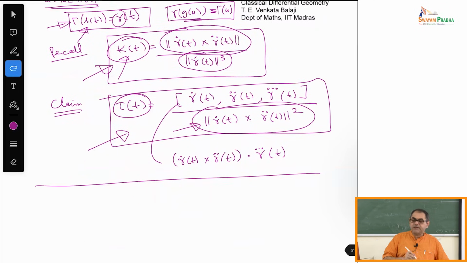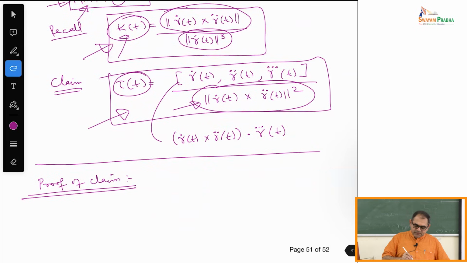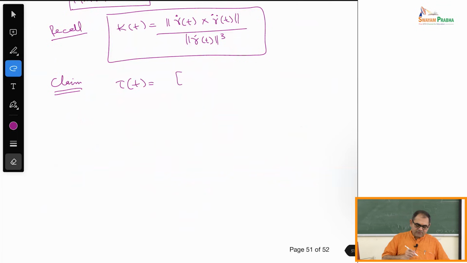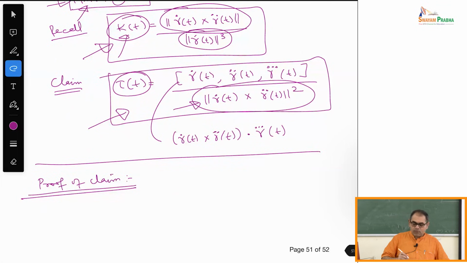So what you do is that you use the definition. So proof of the claim is, it's just an exercise in calculus. So we have the following thing. What is the definition of the torsion?